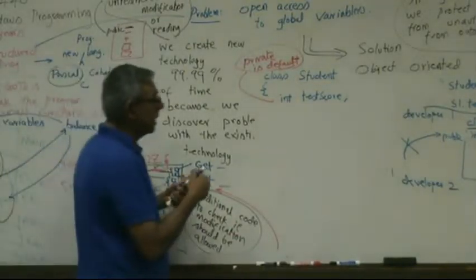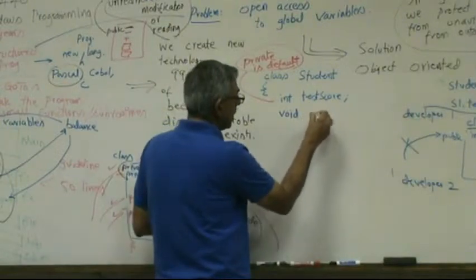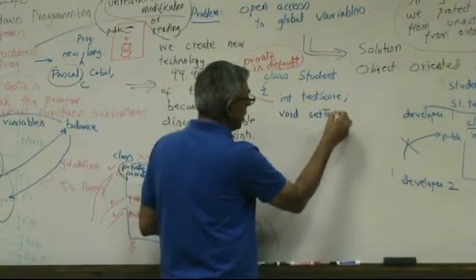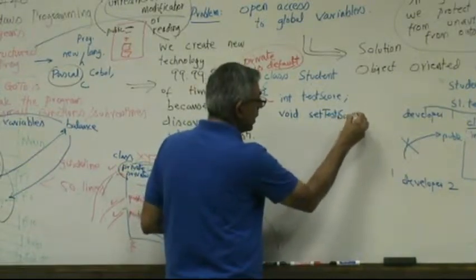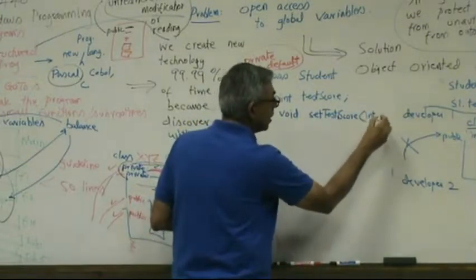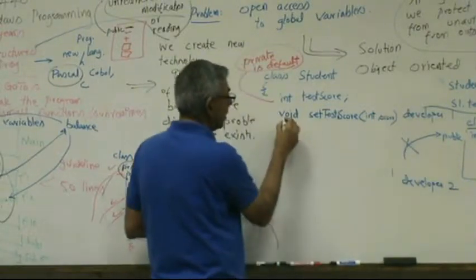Then you will write a set function. Okay, void set test score, so void set test score int score.